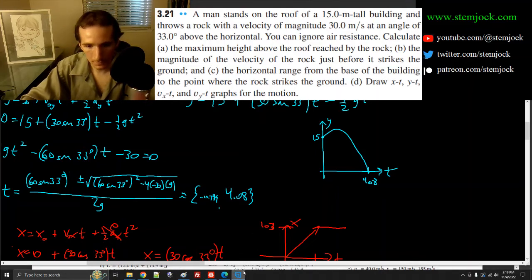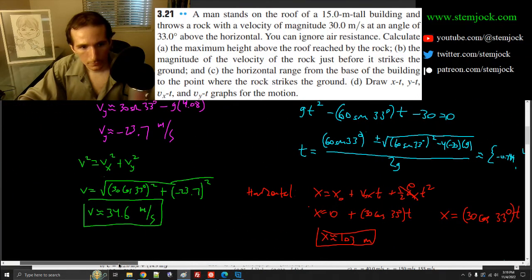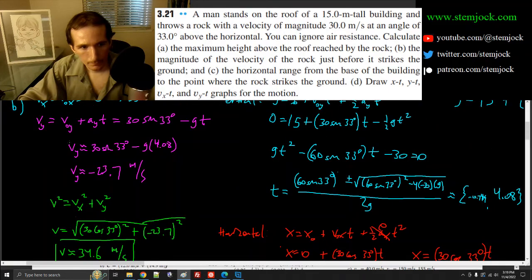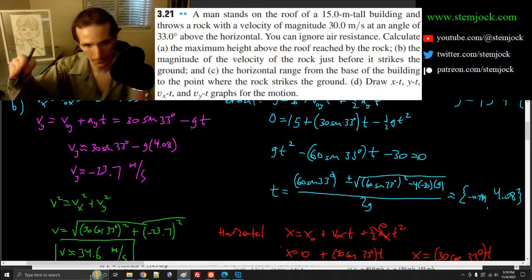Vxt and vyt. Okay. Where are these equations? Right, so this here is going to be our formula for Vy. It's going to be 30 sine 33 degrees minus gt. So it's linear in t, so it's just going to be a straight line that has a negative slope, so it's going to go down because of this negative g here.